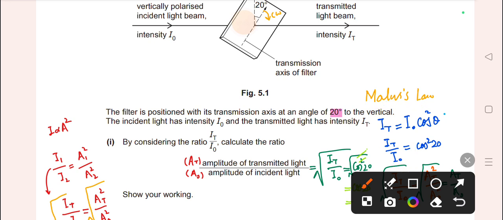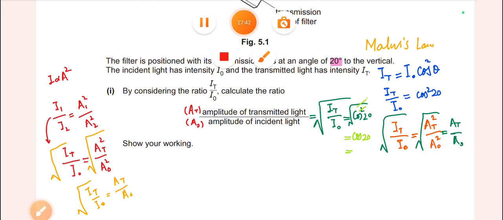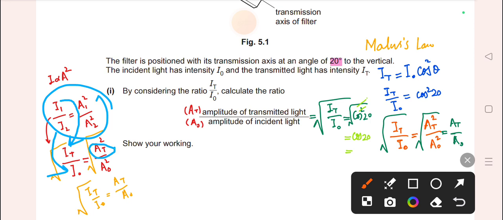But as we know, the intensity is also proportional to the square of amplitude, right? So the intensity I1 over I2 is equal to A1 square over A2 square, where A is amplitude and I is intensity. So now here I1 is the transmitted intensity IT, and I2 is the initial intensity. We can write it in any manner. So that will be equal to the transmitted amplitude square over the actual amplitude square.